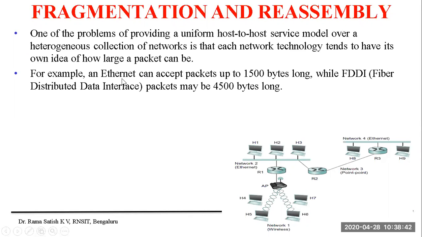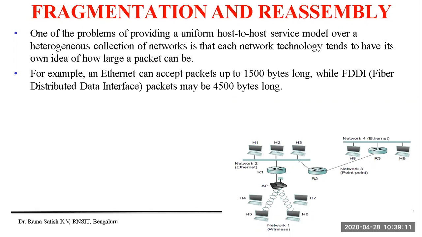For example, an Ethernet packet can accept up to 1500 bytes. The capacity of the Ethernet frame format is 1500 bytes. Whereas fiber optics, FDDI, the Fiber Distributed Data Interface, takes packets of around 4500 bytes. So there is definitely a transition.